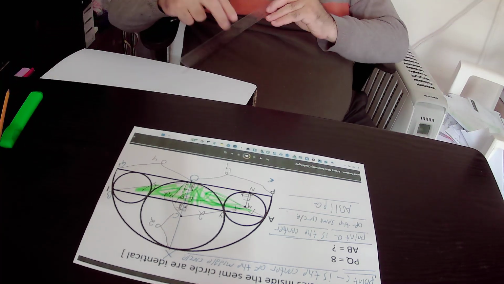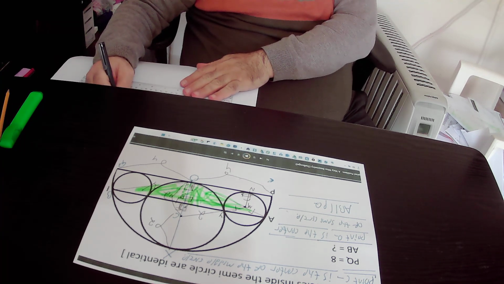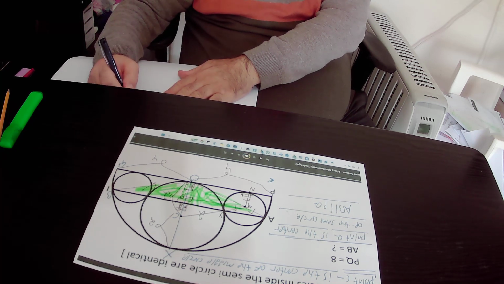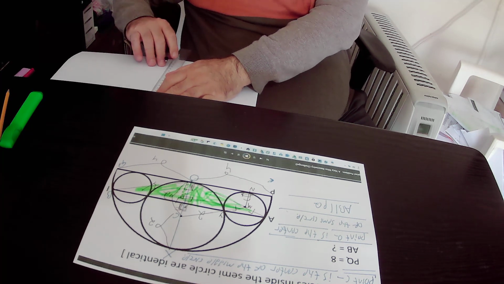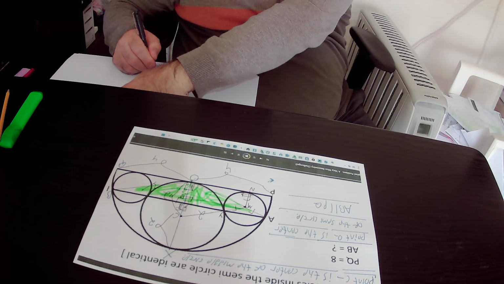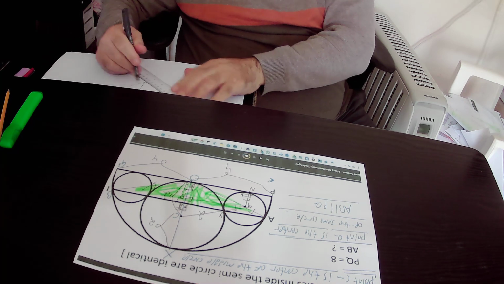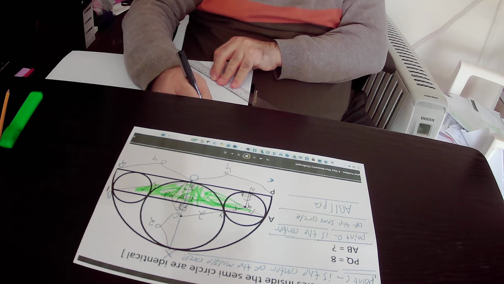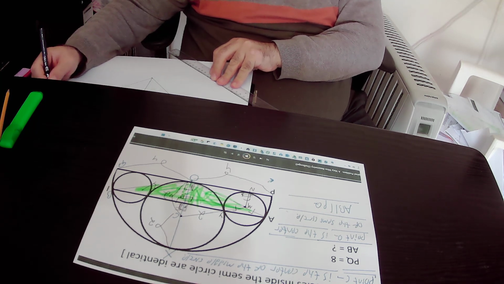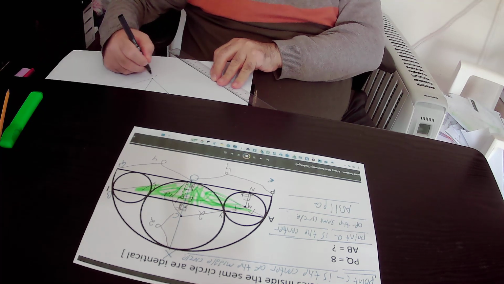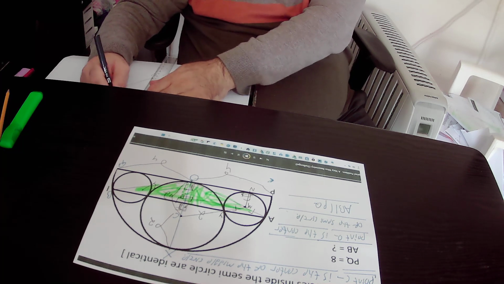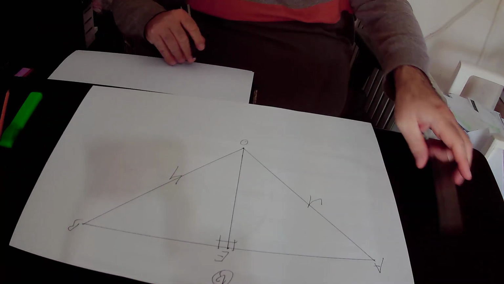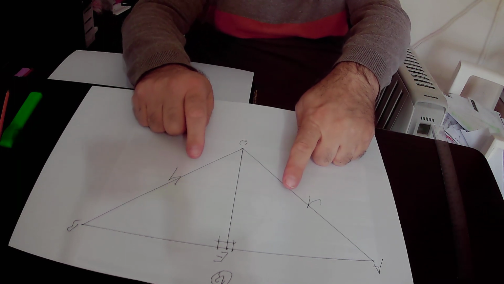Okay, so we will prove that those two right triangles, triangle OEB, is congruent to triangle OEA.